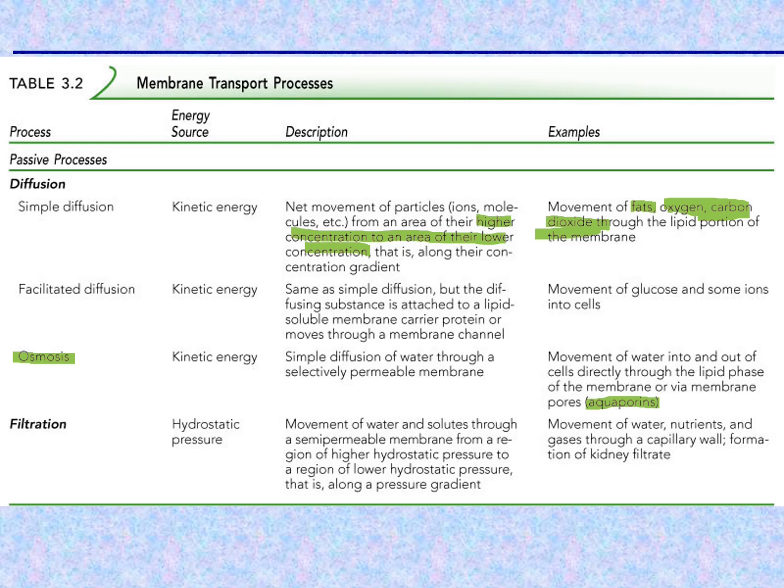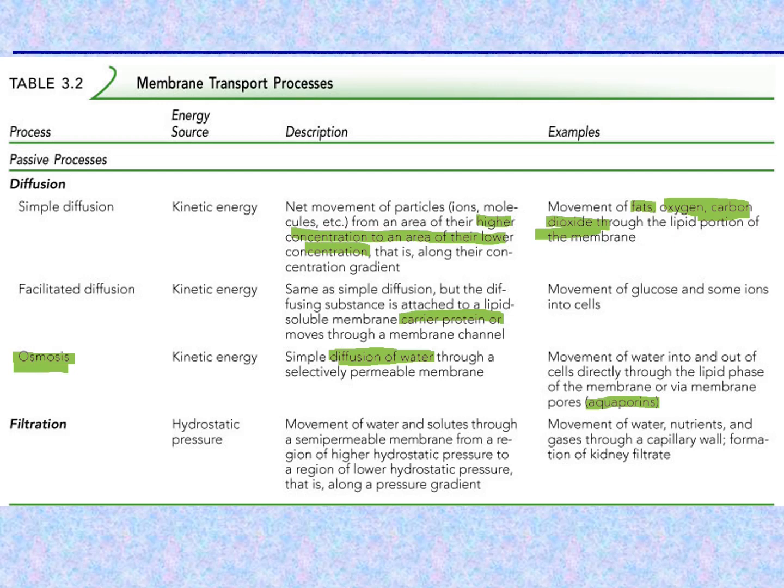However, it does involve specific carrier proteins. Okay, so there is a specific carrier protein involved for each of those. And then the diffusion of water is given its own particular name. It's called osmosis.